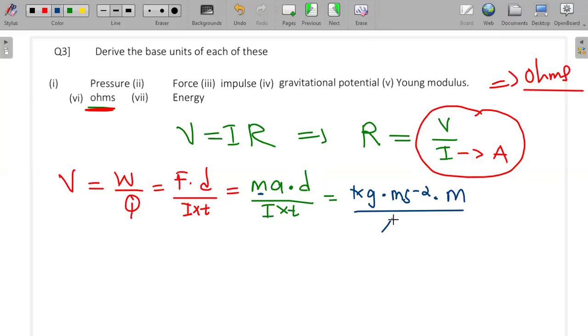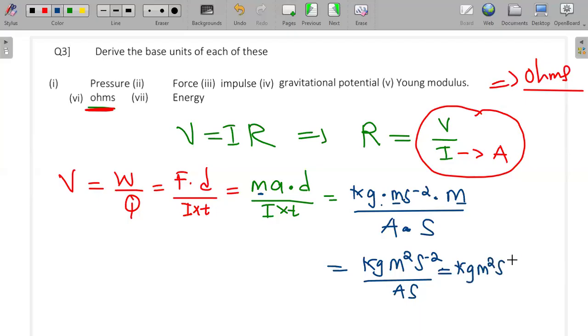Current is measured in amperes, multiplied by the units for the time, which is a second. So you see that on top there, I have m and m, so I can add them. So I have kg m squared, and then s to the power minus 2, and then over a s. So I can actually bring the a and s on top. So this is the same as kg m squared s to the power minus 2, and then these ones were down, right? So they can come on top and then they will have a negative power.